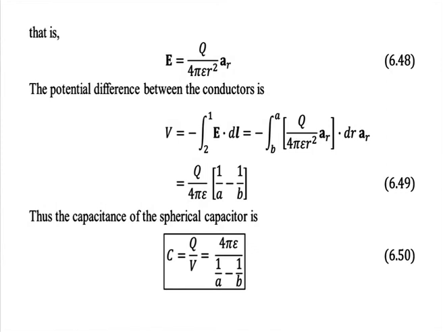From that we can find the value of electric field intensity. Further, we find the value of V given by equation 6.49. Having done that, we find the expression for C, which is equal to Q by V, which comes out to be 4 pi epsilon upon 1 by A minus 1 by B.